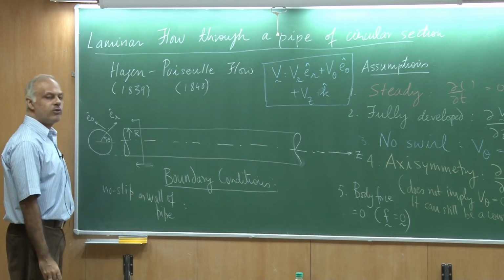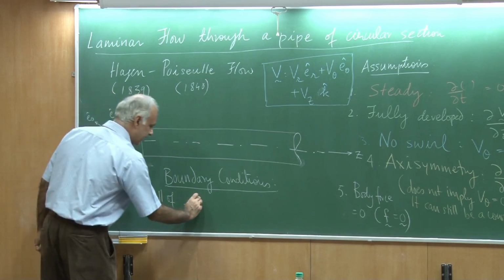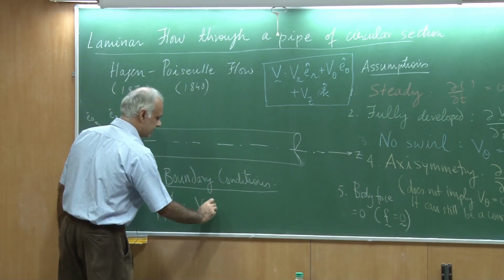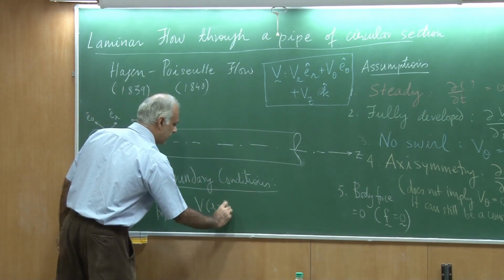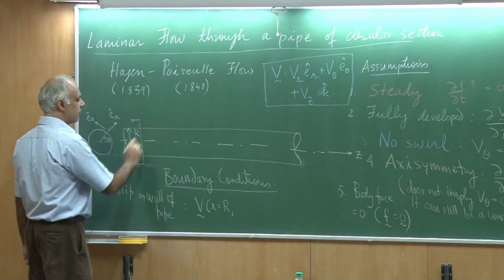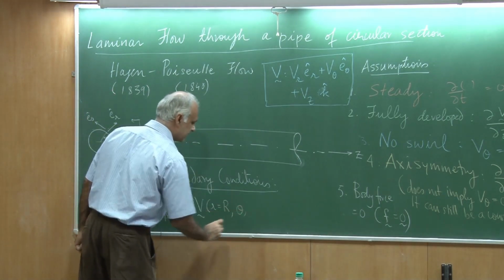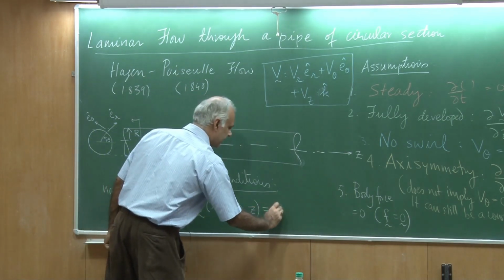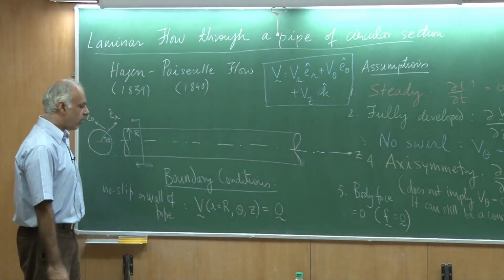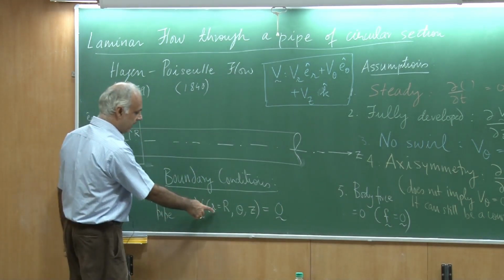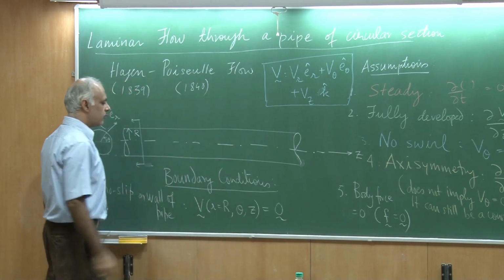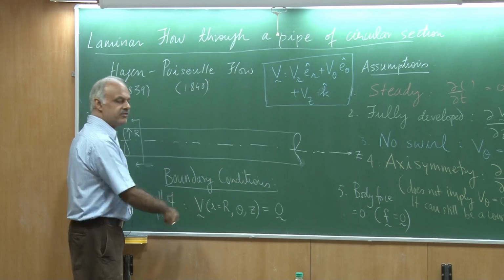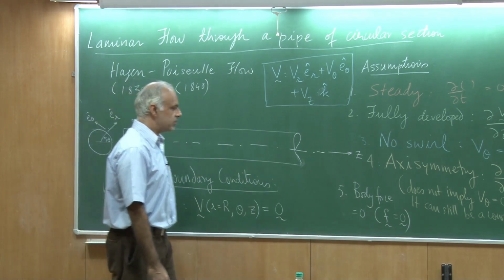So no slip on the wall of pipe. And that would imply that if I had the velocity vector at r equal to capital R, that is at the wall, at all theta locations and at all z locations, this has to be identically 0. So all components of velocity have to vanish at the wall of the pipe. So this automatically implies that my VR is also 0 at the pipe.